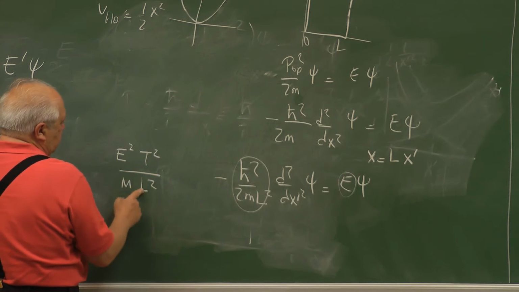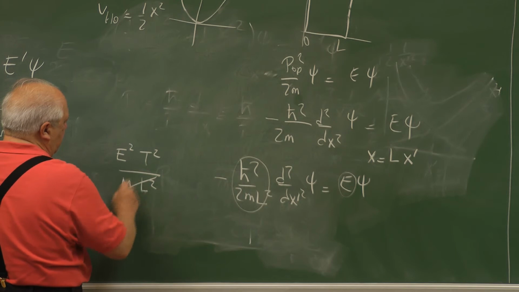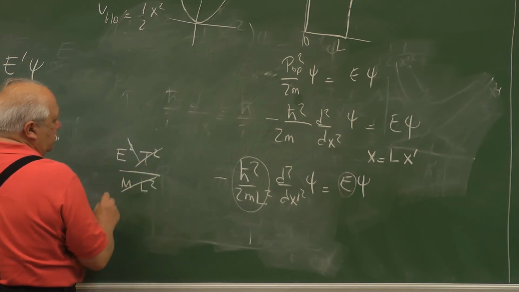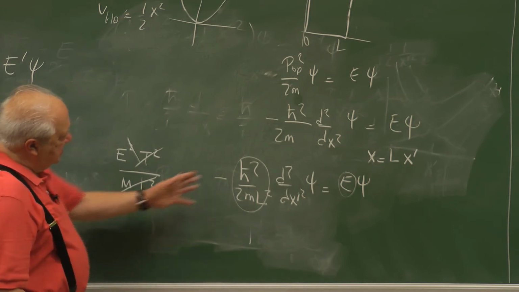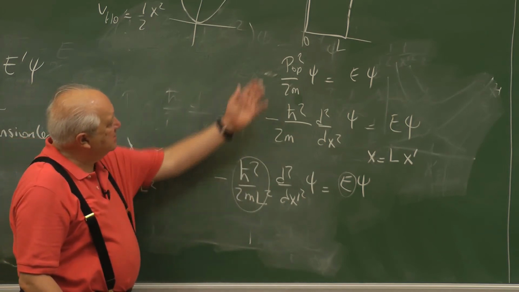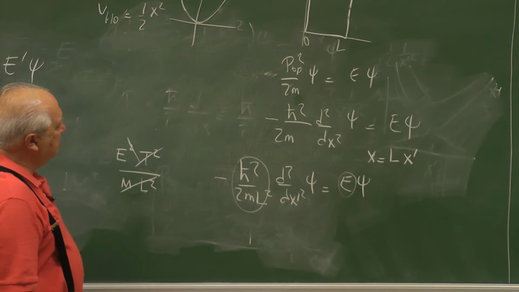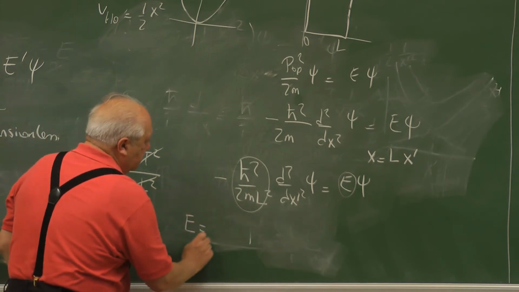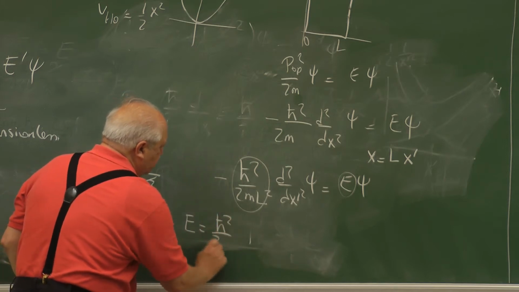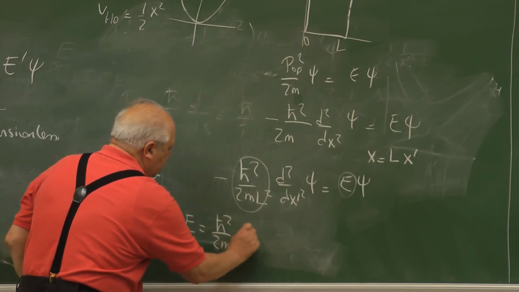So L over T is like velocity. Mass times velocity squared is energy. So it leaves energy. Therefore, this is the natural energy unit for this infinite square well potential. So let us write E in terms of this energy, h bar squared over 2m L squared, times E prime.